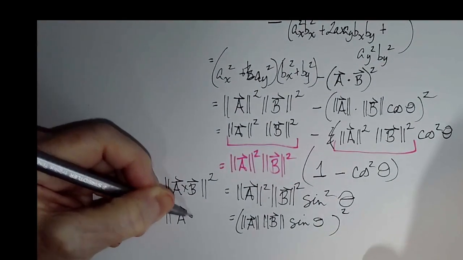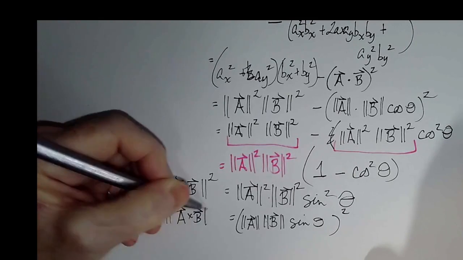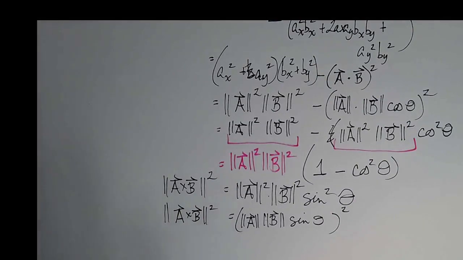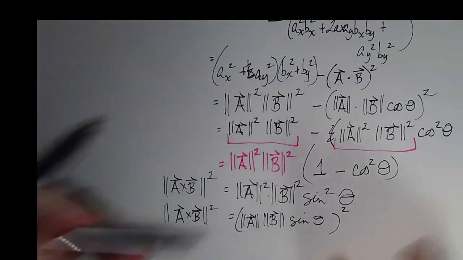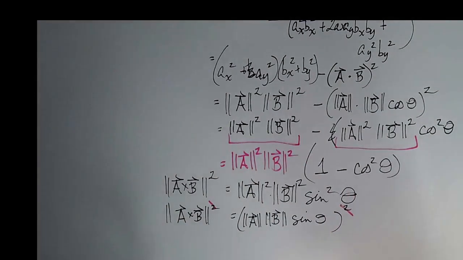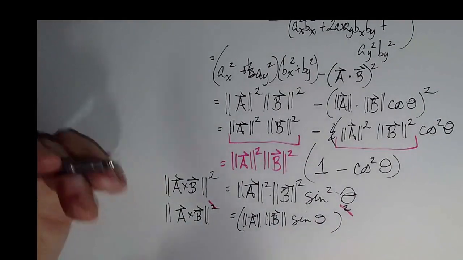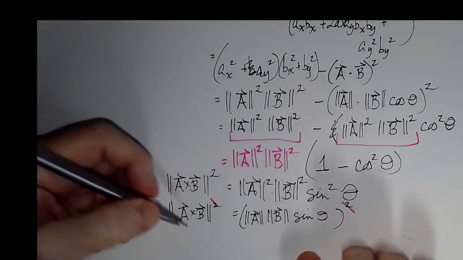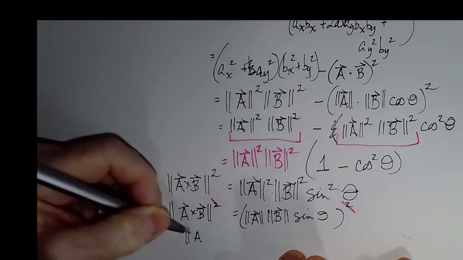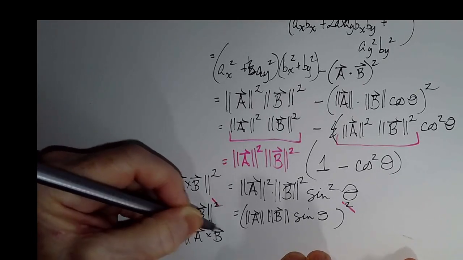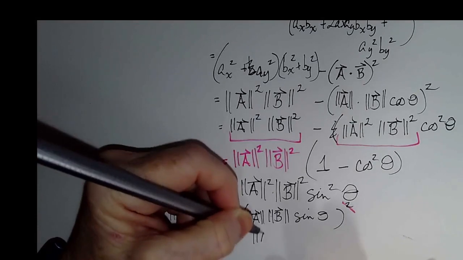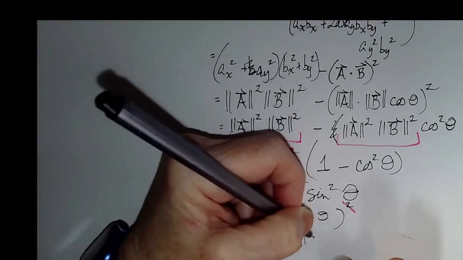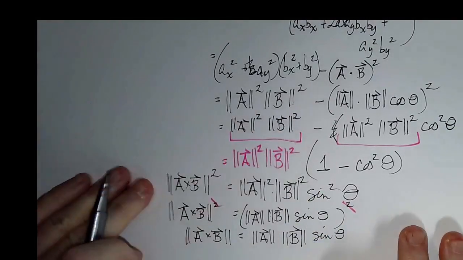On the left, we have the magnitude of A cross B, all squared. And now I can take the square root of both sides. All that does is strike out those squares. And we get another analogous formula for cross product. So we've got the magnitude of A cross B is the magnitude of A times the magnitude of B times the sine of the angle between them.